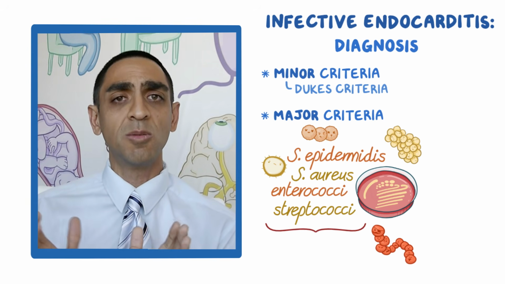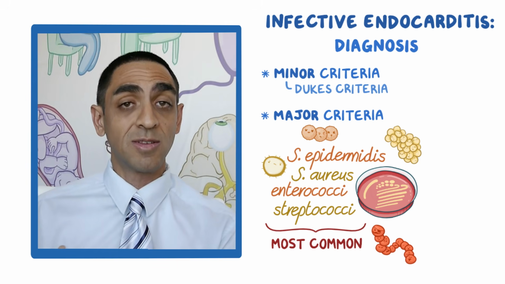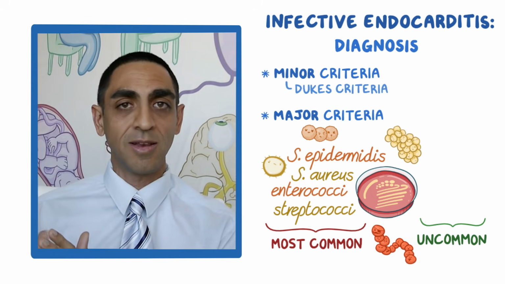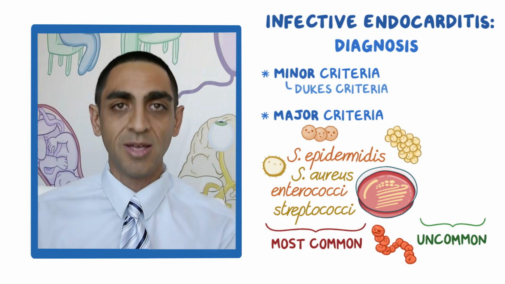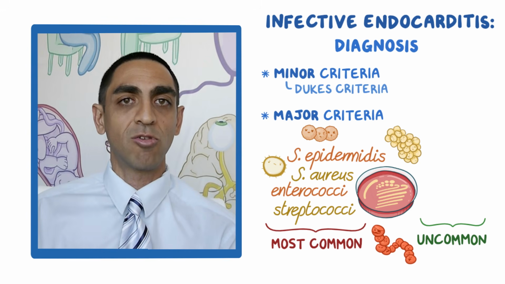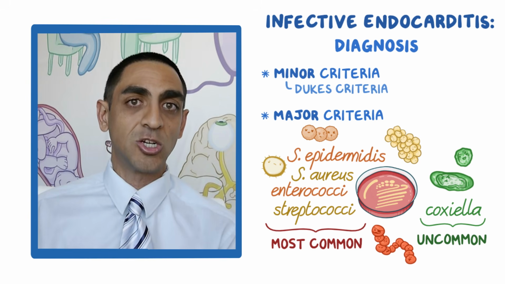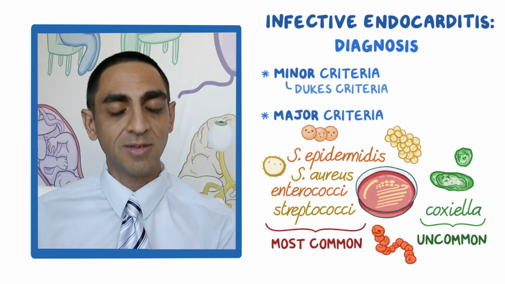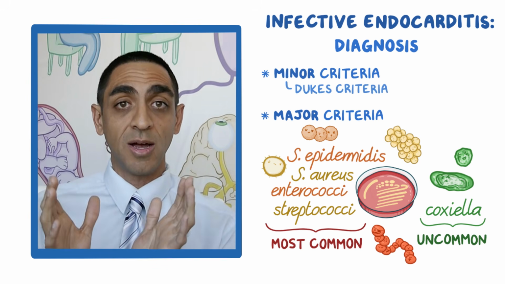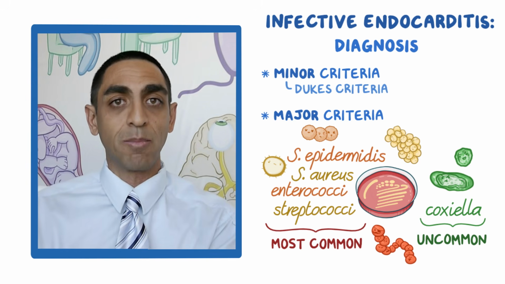Those are your most common organisms. There are some very uncommon organisms you should keep a lookout for, Coxiella being one of them, which is tested using titers. But anyway, you just see what the lab grows out.